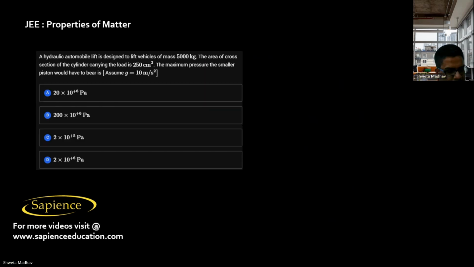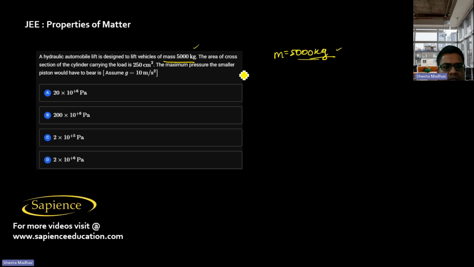So here it is told, a hydraulic automobile lift is designed to lift vehicles of mass 5,000 kg.